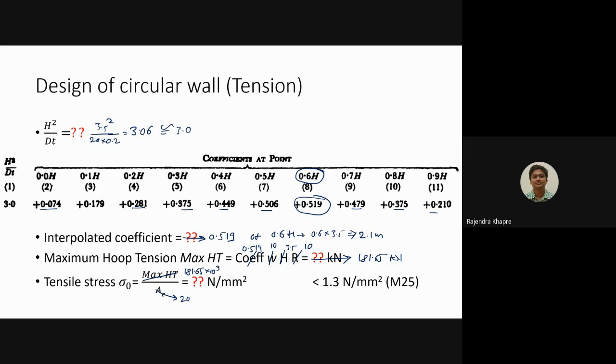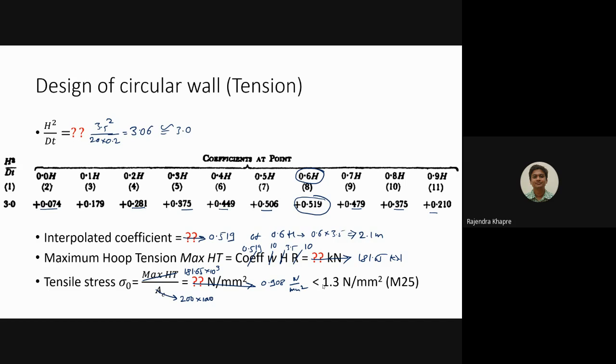We have assumed the thickness as 200 and the unit width is 1000. How much is this then? Something like 0.98, that is 0.98 Newton per mm square.